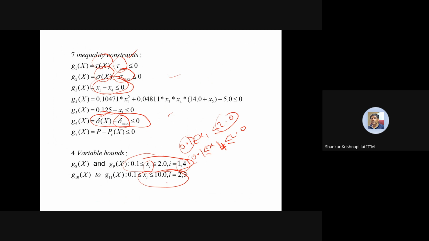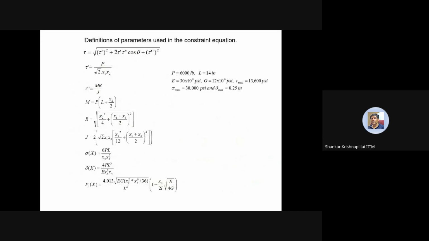Then x2 and x3 are varying between 0.1 and 10, that is, 0.1 less than x3 less than 10. That is the meaning of this. So this has to be given as variable bounds.